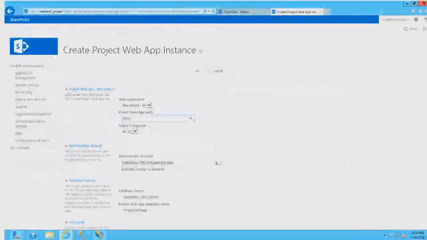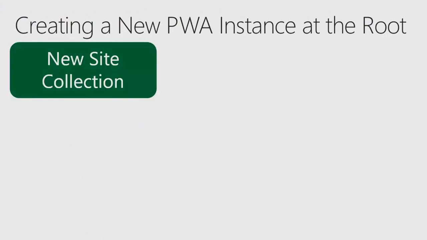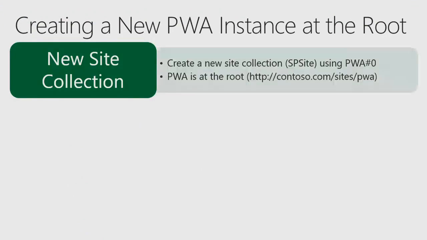So how do you create one? Well, you can use the familiar web interface to set it all up. But under the covers, if you create a new one at the root, you run New-SPSite using the PWA#0 template. That will give you a URL like Contoso/sites/PWA.